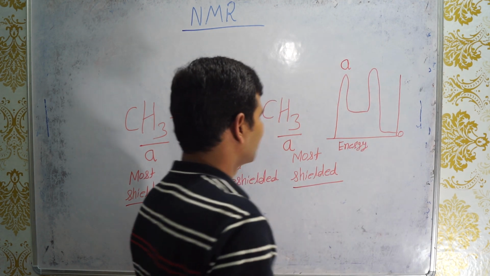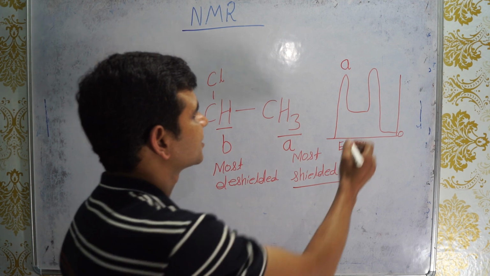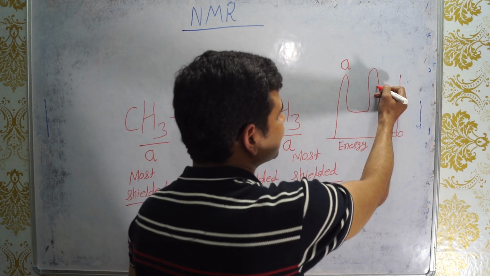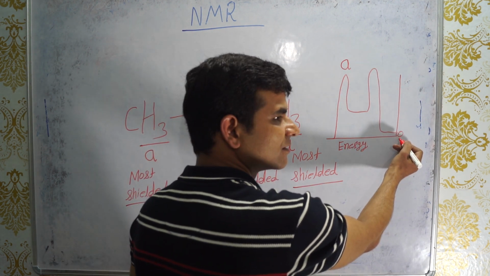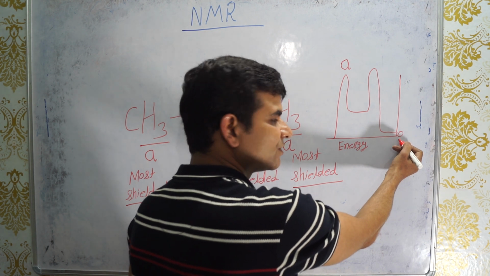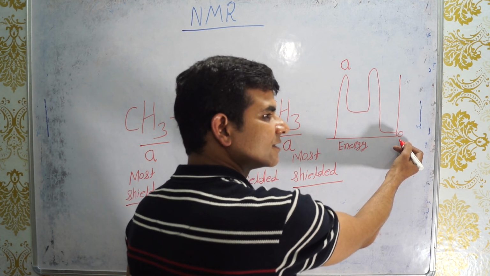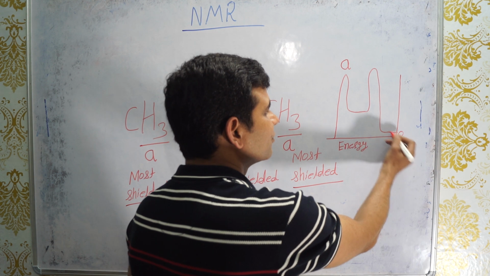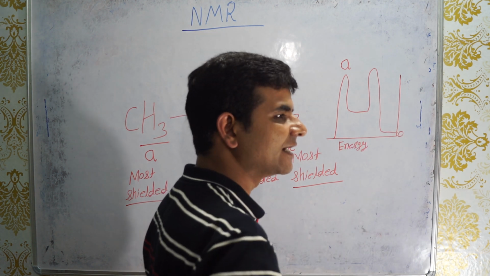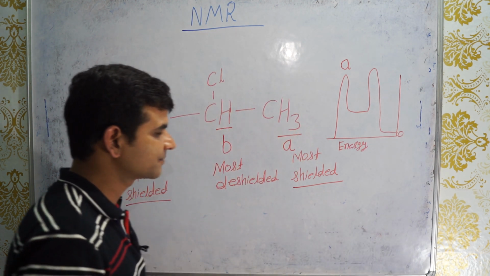Now discuss this peak. This peak is closest to the zero mark, and the peak closest to the zero mark represents the hydrogen atom which has taken less energy to go into beta spin.